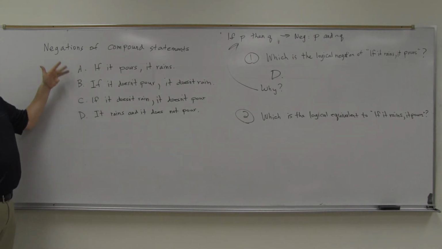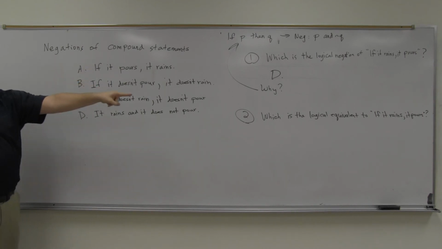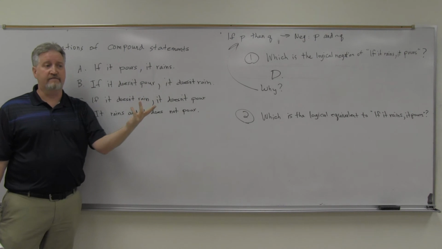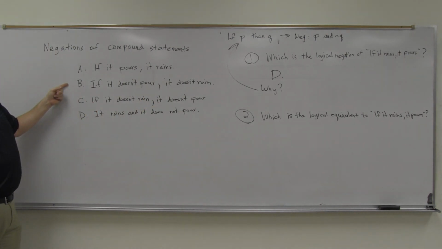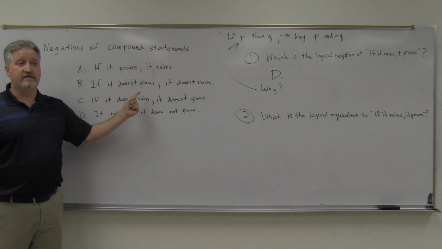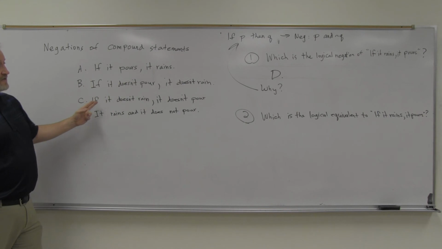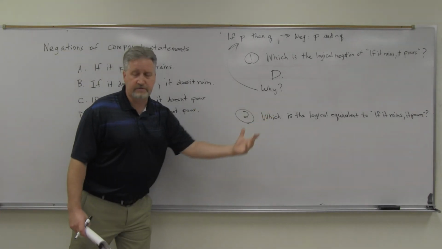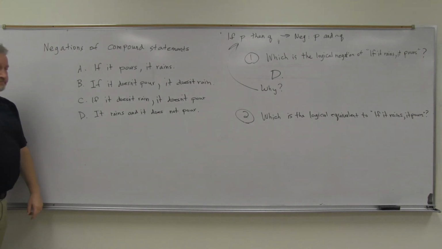That's what these other 3 are. That's the flip of that statement: if it pours, it rains. We just flip those around, that's the converse. If it doesn't pour, it doesn't rain, that's flipped and negated, isn't it? So that's the contrapositive. If it doesn't rain, it doesn't pour, that's just negating those two statements, so that's the inverse.